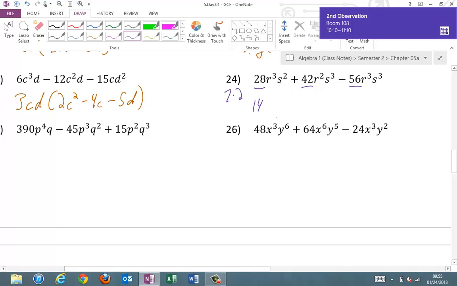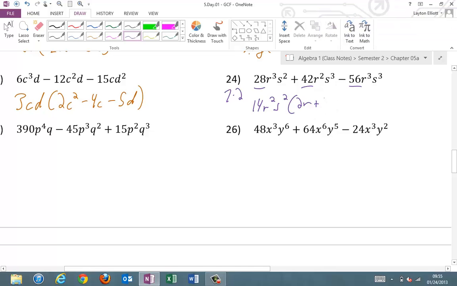We also have r's, r squared, then an s squared. So take that out, we end up with a 2r plus 42 divided by 14 is 3, and then we'd end up with an s, and 56 divided by 14 is 4rs.